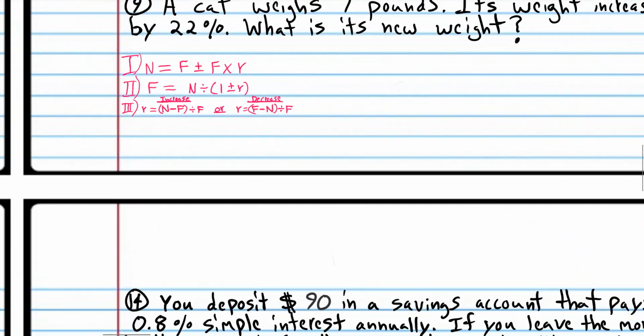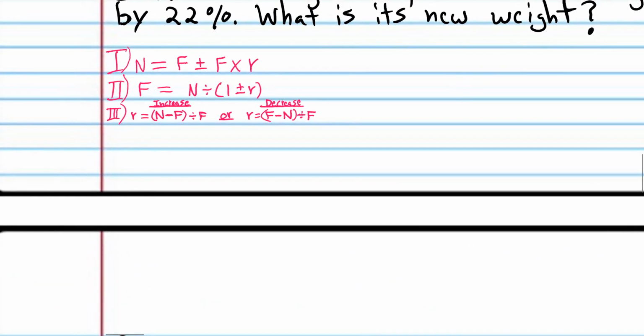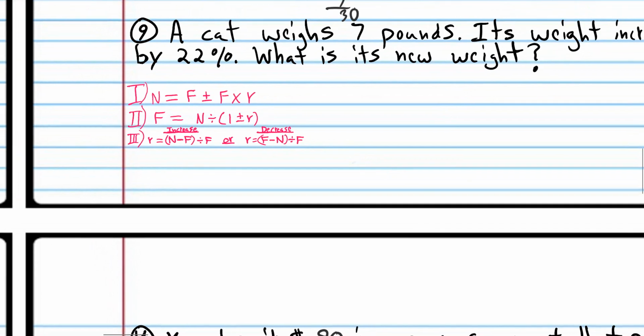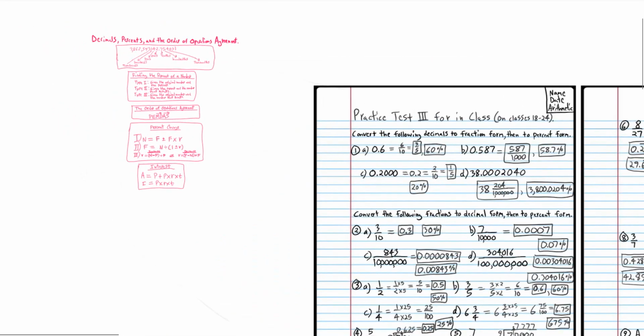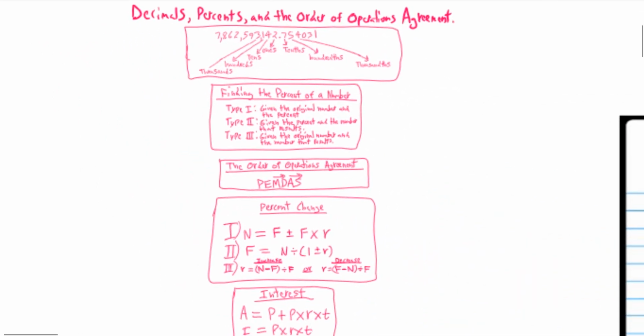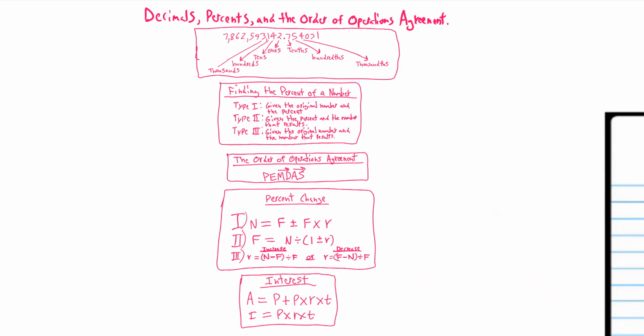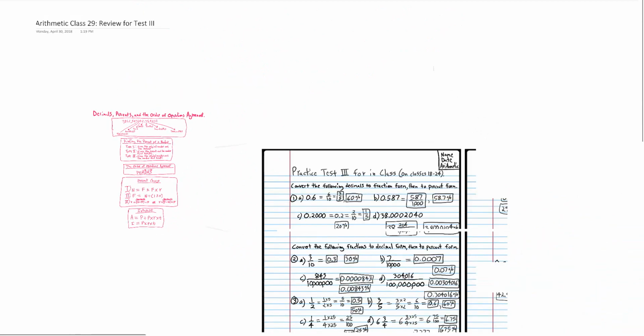So these are the 3 types of equations that you have. And again, you should have these on your screenshot. If you didn't take a screenshot of those equations that I gave you, go ahead and take a screenshot now. These are some of the percent change equations.